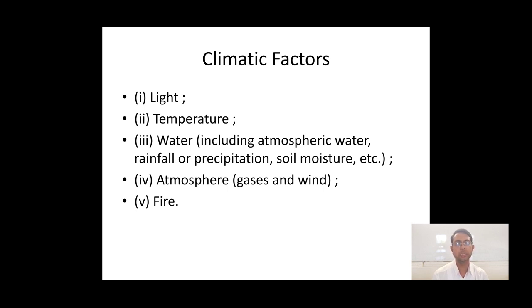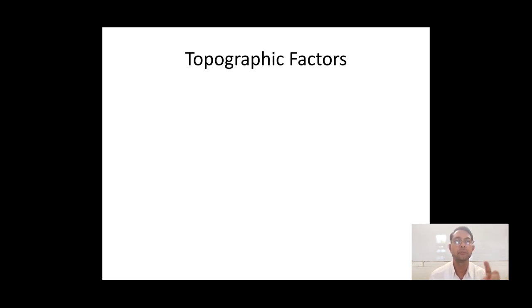These are all the parameters related to a climatic factor under the topic water. Now when we talk about atmosphere, gases and winds are also included. So these are nothing but the climatic factors.